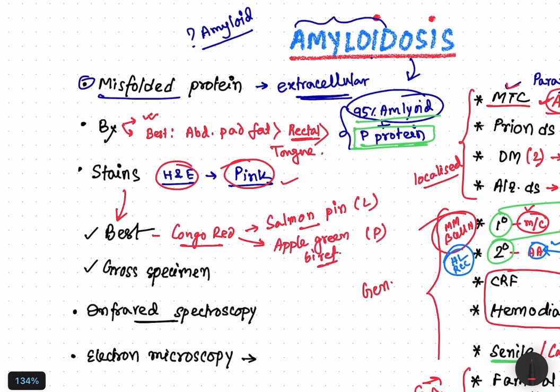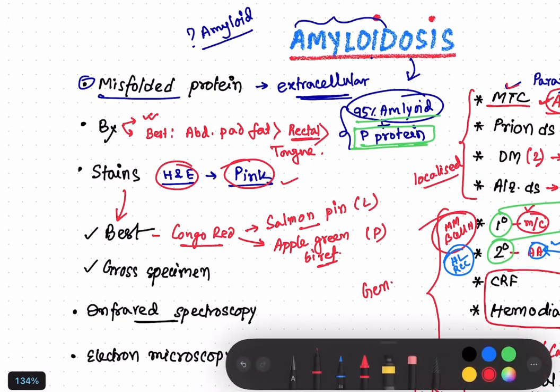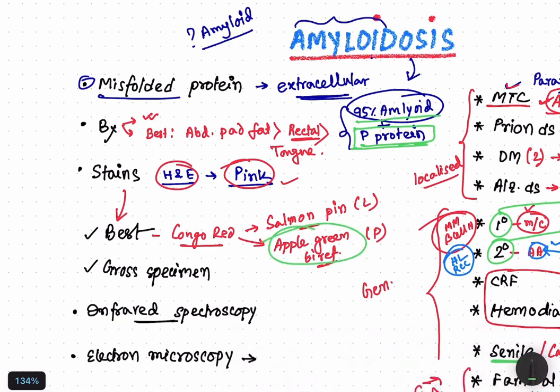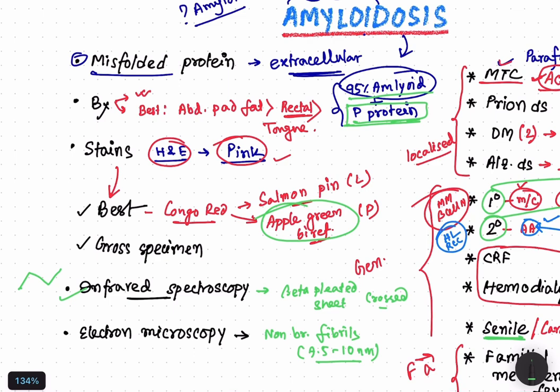This apple green birefringence is due to the physical nature of the amyloid. On electron microscopy it will be non-branching fibrils of indefinite length with 7.5 to 10 nanometer diameter. And as I told you, in X-ray crystallography or infrared spectroscopy, you'll have a cross beta pleated sheet, which is responsible for this apple green birefringence.